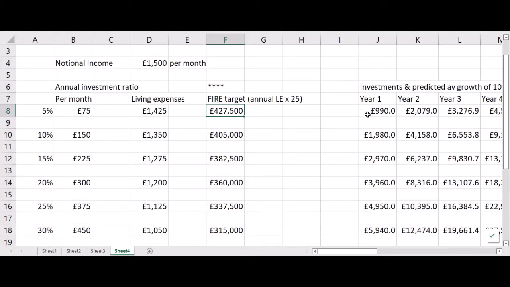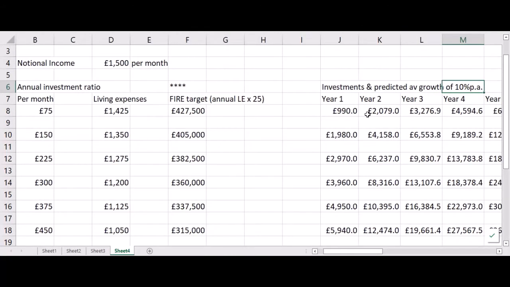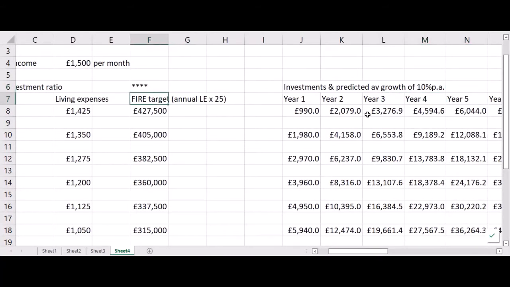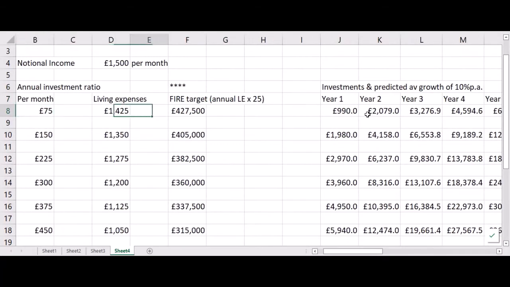Okay, so over here to the right, you can see we've got investments and predicted average growth of 10% per annum. So the £75 per month multiplied up by 12, and then also augmented by 10% for the growth, would give us just under £1,000 invested at the end of the first year.